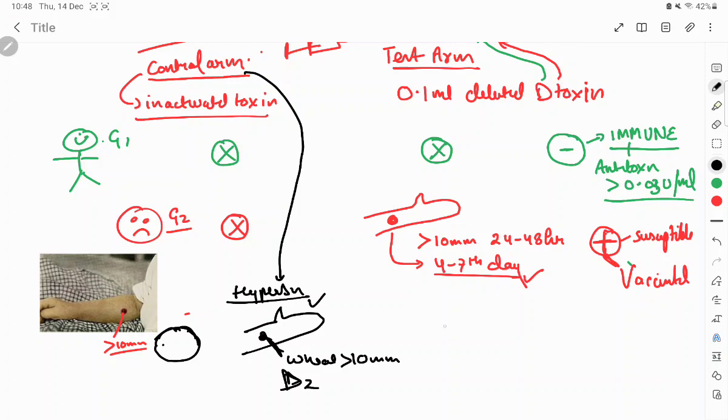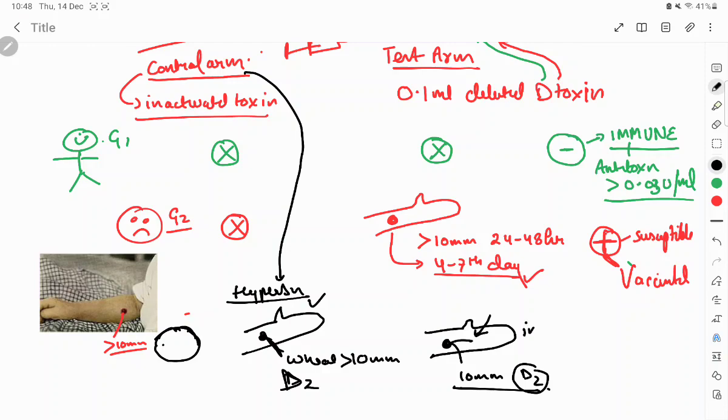Next we inject the diluted diphtheria toxin in the test arm of the same patient. Again the patient develops a wheal reaction of 10 mm that disappears by day 2. This suggests the body started developing a reaction, but because of the immunity the patient has, the wheal subsided by day 2.